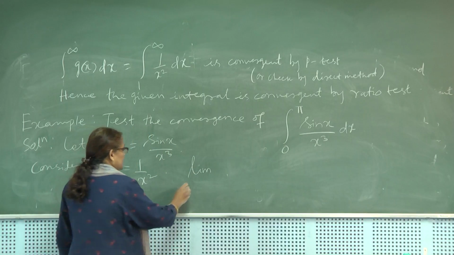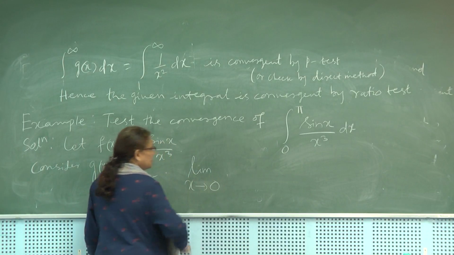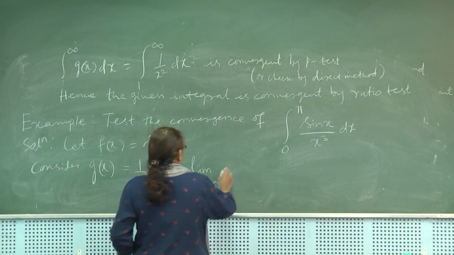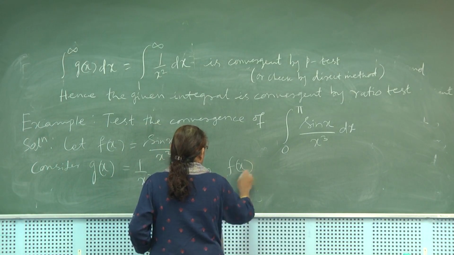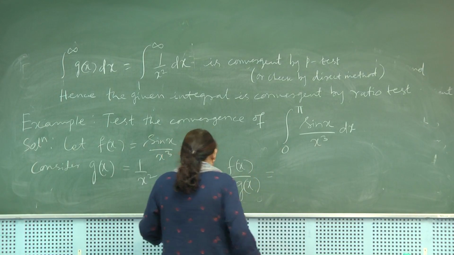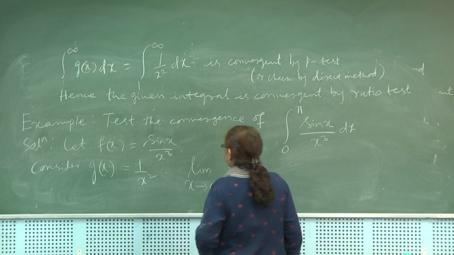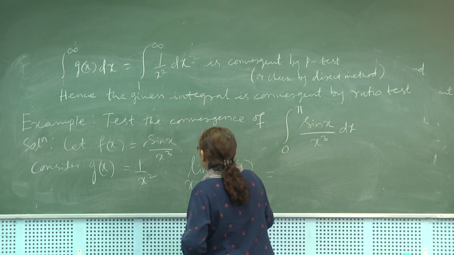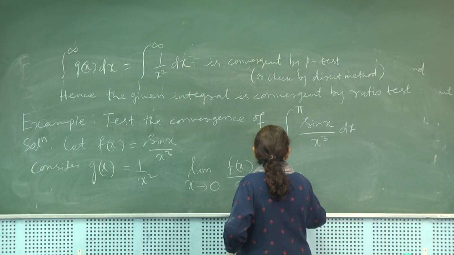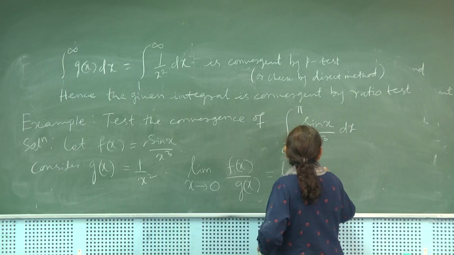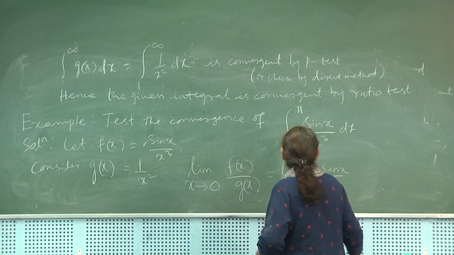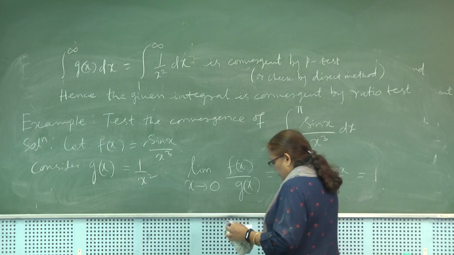Therefore, we consider the limit as x tends to 0 of f(x) by g(x), this ratio. Now you verify this is equal to 1 in this case, since we get sin x by x, which is equal to 1.